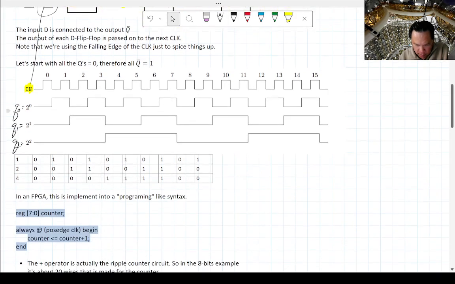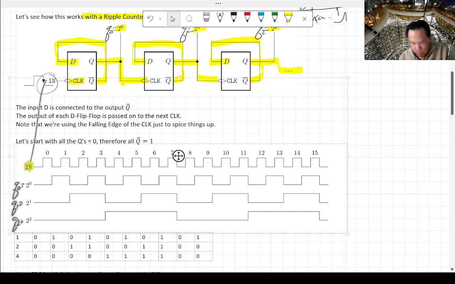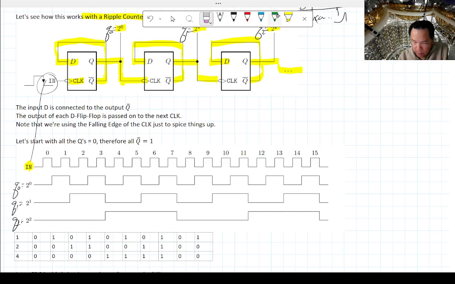Q2. So what happened is that when the clock pulses in, nothing happens until the clock goes to a down edge. So what happens at a down edge? The data, which is whatever Q bar is, and if we initialize Q0 at 0, Q bar has to be the complement of that.